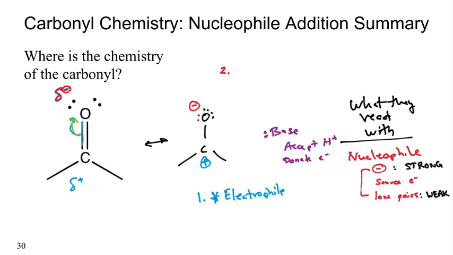Why do you think it could act as a nucleophile? And what do nucleophiles do? Yeah, they donate electrons. So it has extra electrons, so we could look at that as the potential to act as a nucleophile. You'll note that where I drew it was lower than the 2.